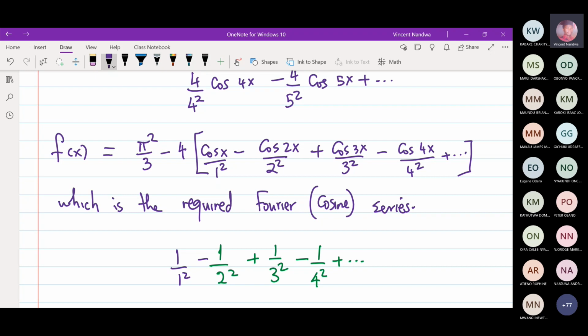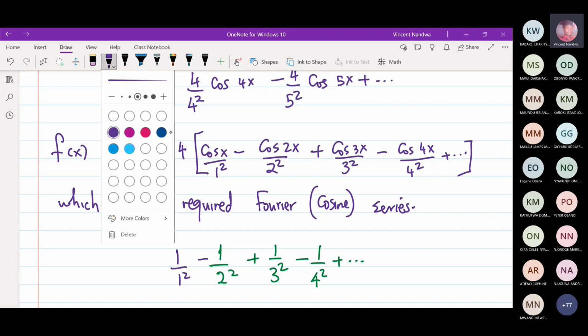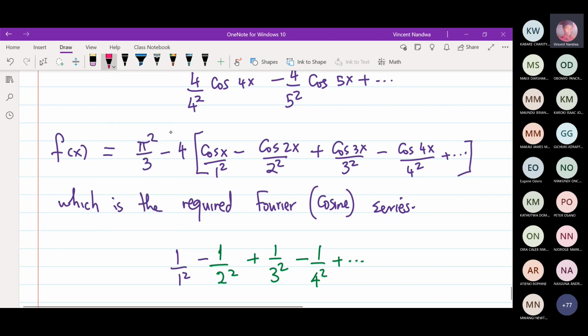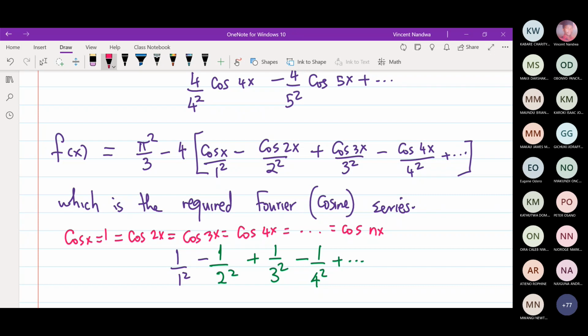So the biggest thing is to determine which value of x will give cos x to be 1, also cos 2x to be 1, also cos 3x to be 1, also cos 4x to be 1, etc. Which value of x should we fix for that to hold for all those terms?